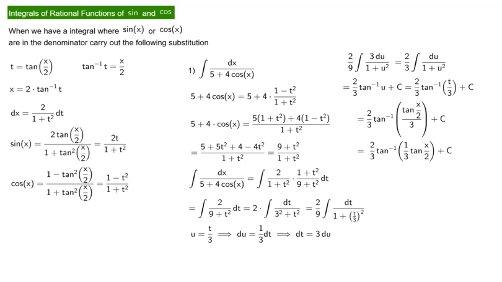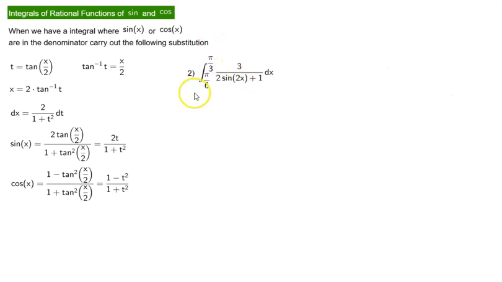Now let's look at another one. The second one is integral from pi by 6 to pi by 3 of 3 by 2 sine 2x plus 1 dx. So this is a definite integral. Here again we do t is equal to tan x. We are still applying the same substitution.